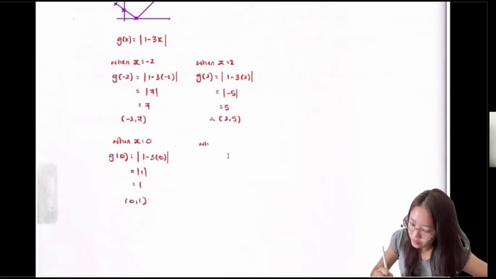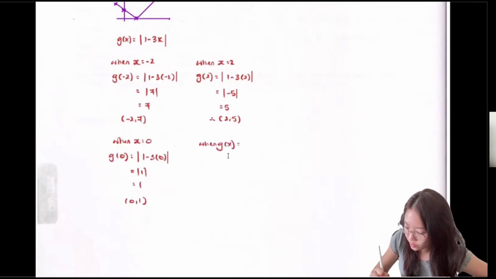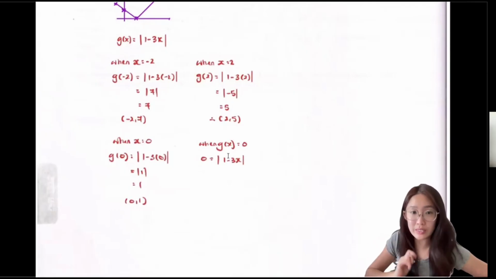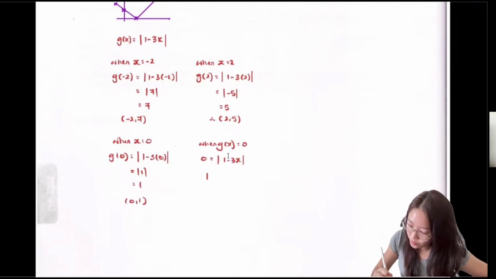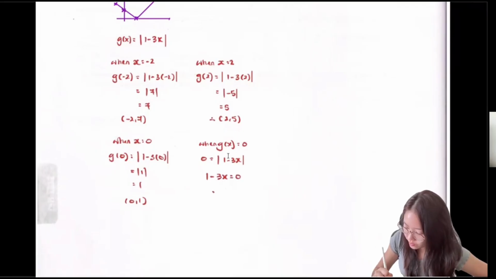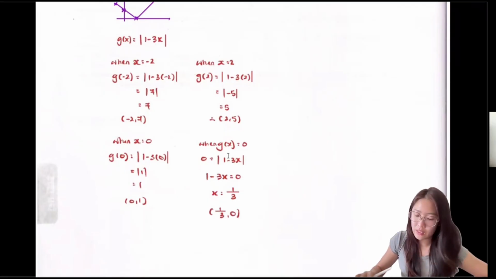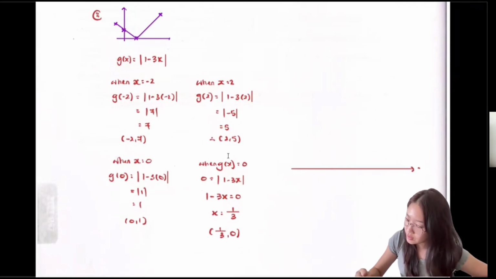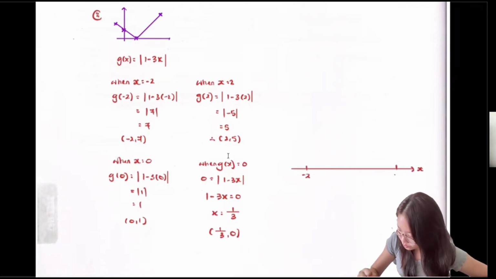And then next one, your x-intercept, g(x) equals 0. Modulus moving over, you're supposed to have plus minus, but for 0 there is no plus minus. So 1 minus 3x equals 0, x equals 1 over 3. 4 points, done. Then you draw a horizontal line here first. Then label here x. Your domain is negative 2 to 2, so 0 will be in the middle.